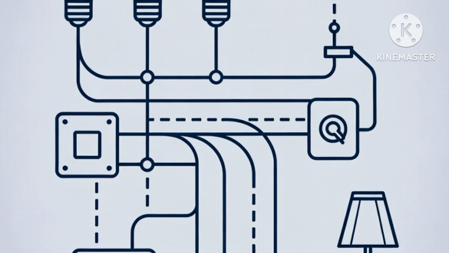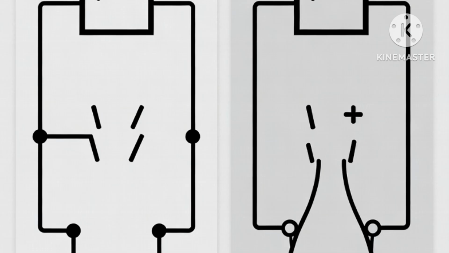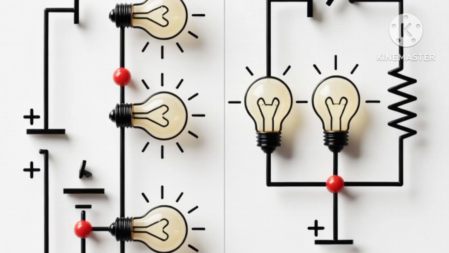Let's compare both. Series circuits have only one path. Current stays the same, voltage divides, and resistance increases. If one device fails, everything stops. Parallel circuits have multiple paths.